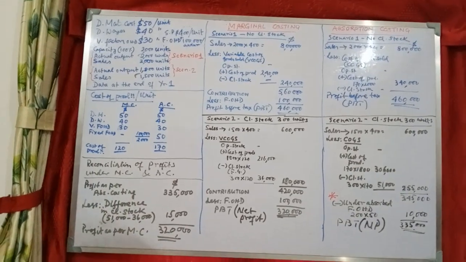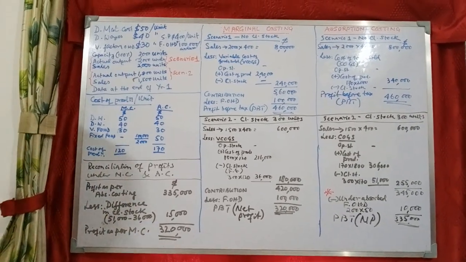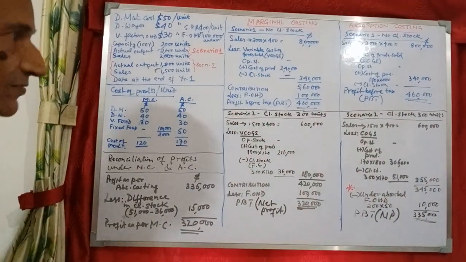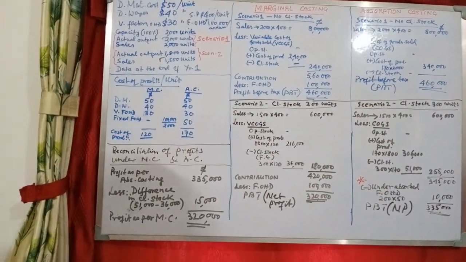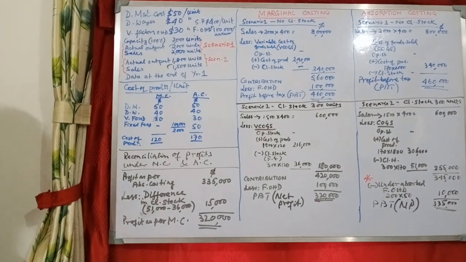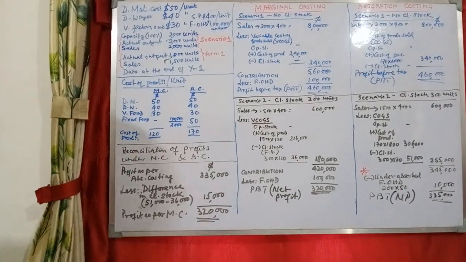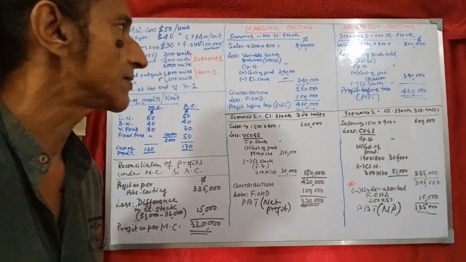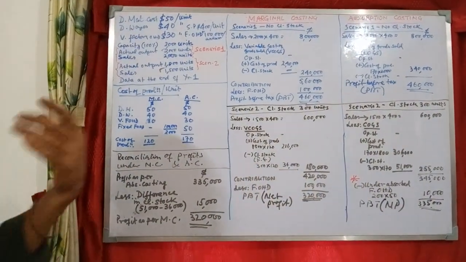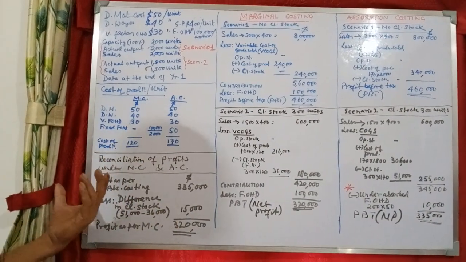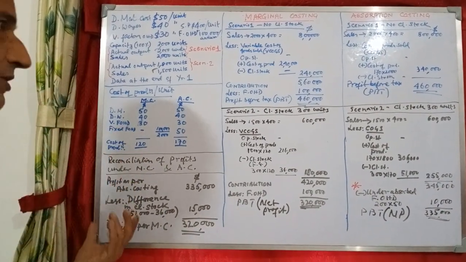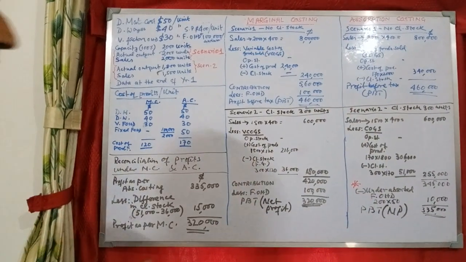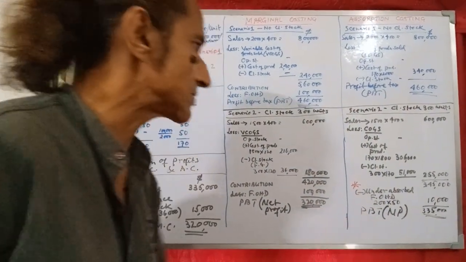So this is all about application of marginal costing system and absorption costing system and differences between marginal costing and absorption costing. We have taken our numerical example to understand how these two systems work, how they influence the cost of production, cost per unit and valuation of closing stock, and ultimately how they influence the net profits.